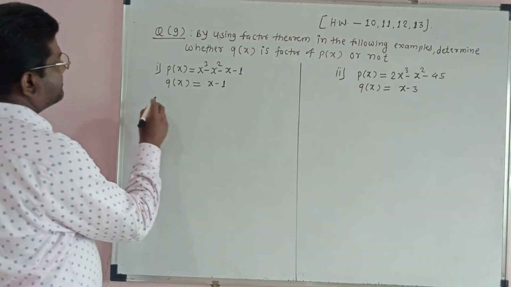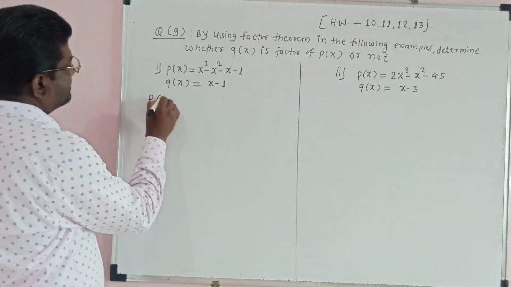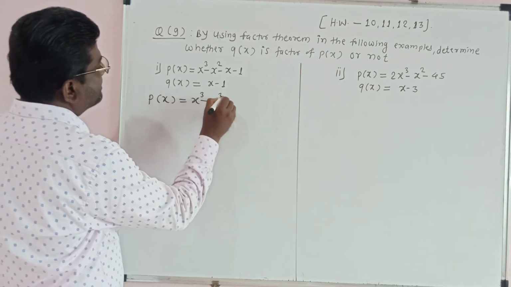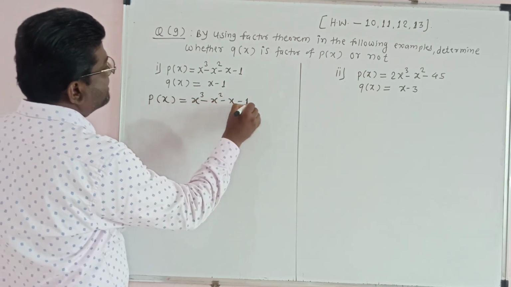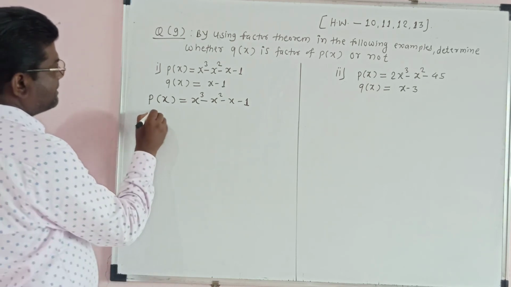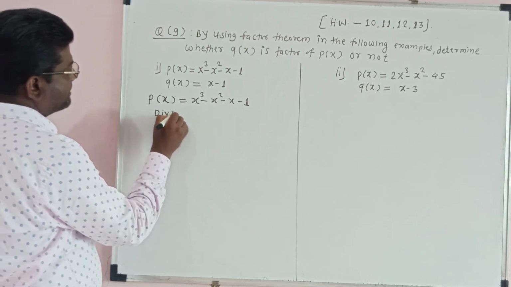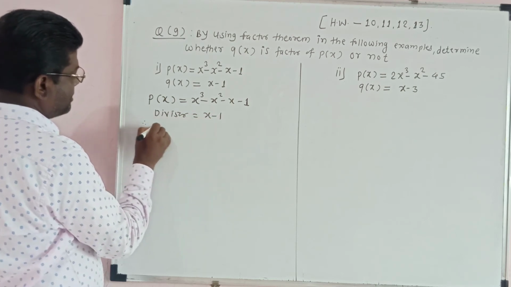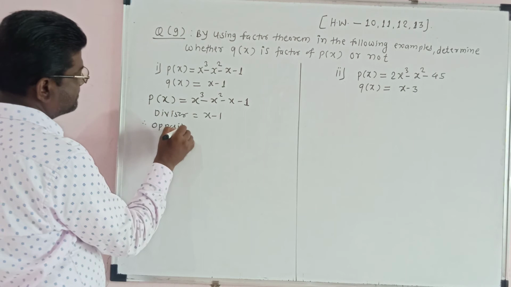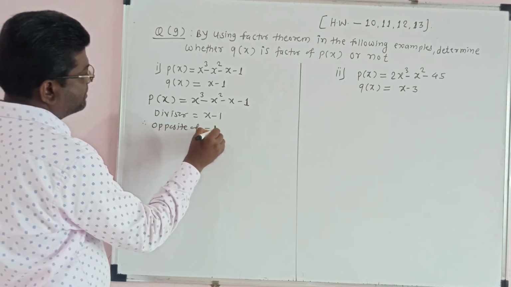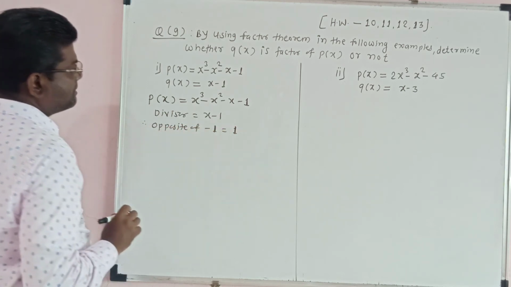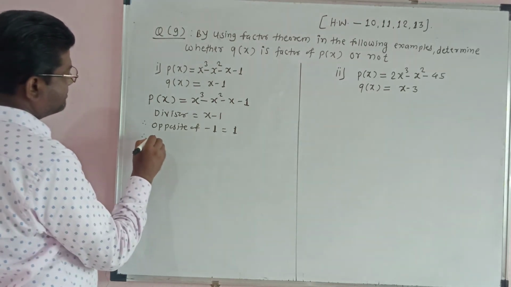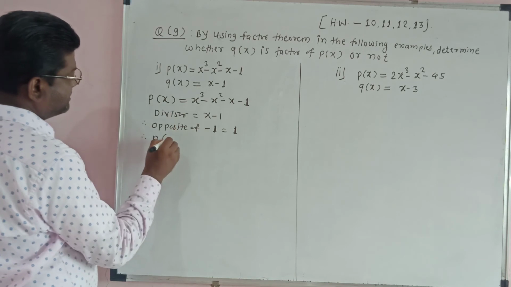Now example number 1 is p(x) = x³ - x² - x - 1, and here the divisor is q(x), which is x - 1. The opposite of -1 is 1, so we have to find p(1). Therefore put x = 1.